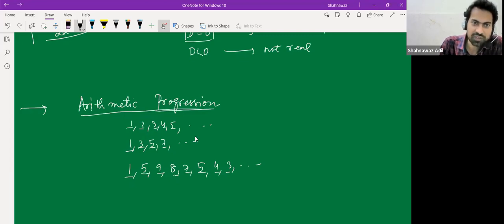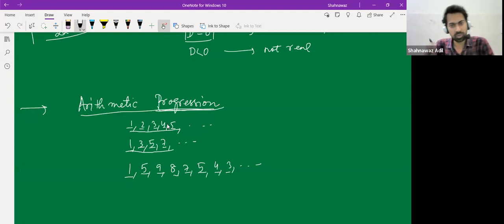If they are following some pattern, then that would be called a progression or a series. If they are following some peculiar property or pattern, that would be called a progression.